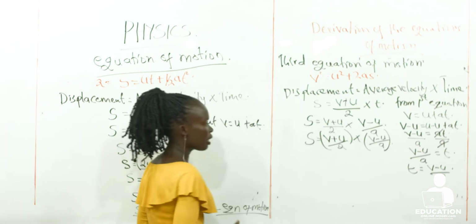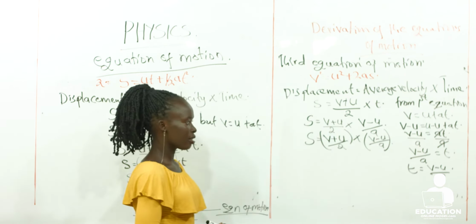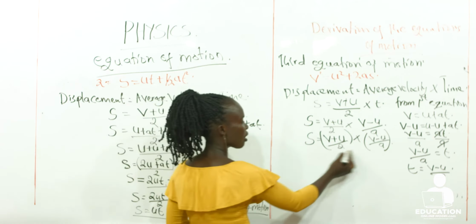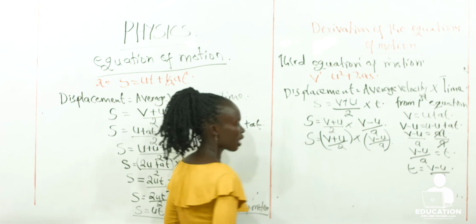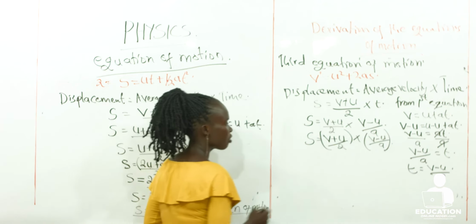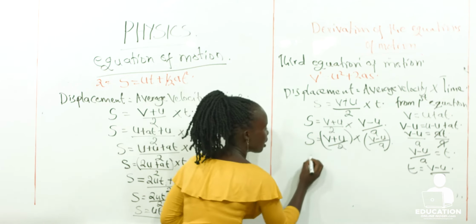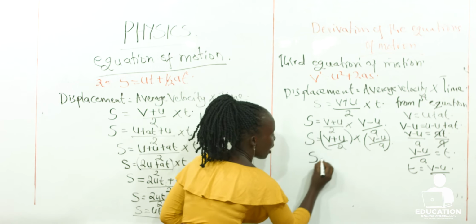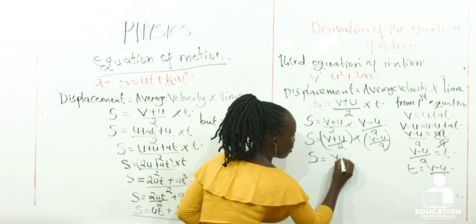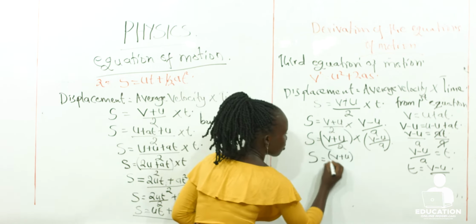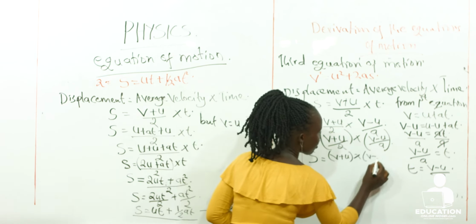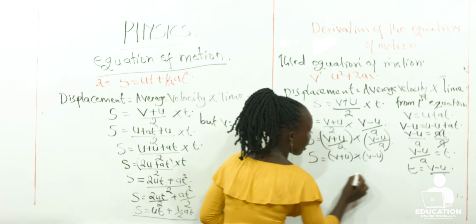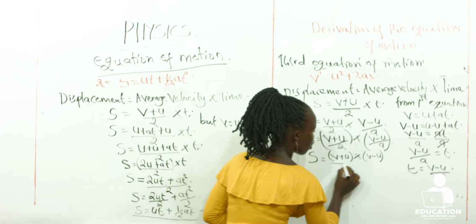We can multiply the denominators directly, one bracket with the other. So we shall have s is equal to v plus u in bracket, times v minus u in bracket, all over 2a.